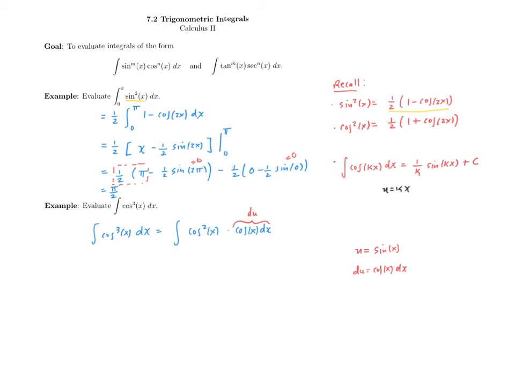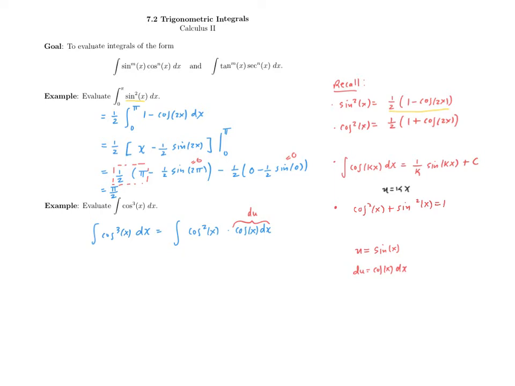So the question becomes, is there some way we can rewrite cosine squared so that it only involves sines? And this is where the Pythagorean identity comes into play. So adding maybe one more familiar formula to the right, cosine squared plus sine squared is equal to 1.